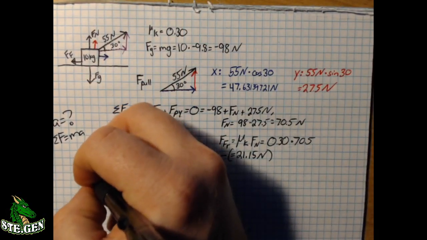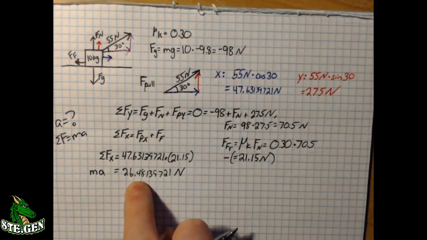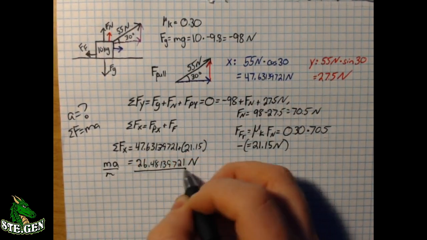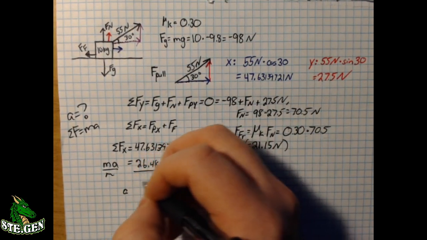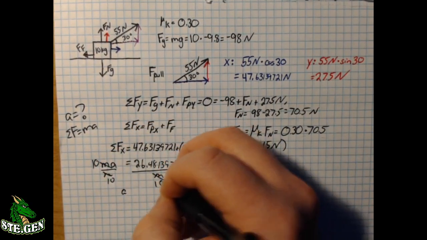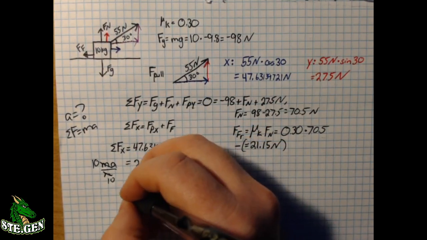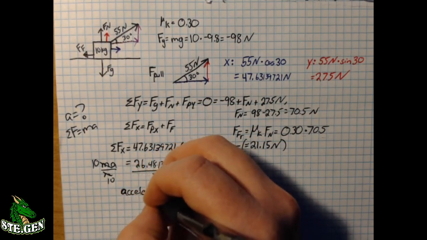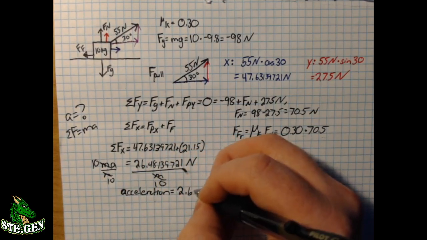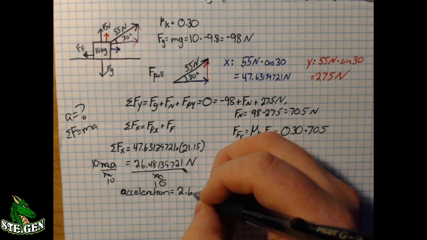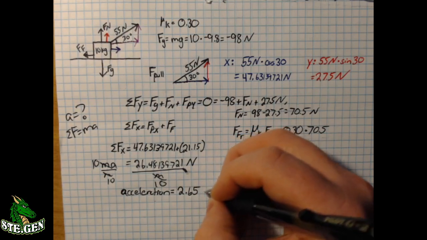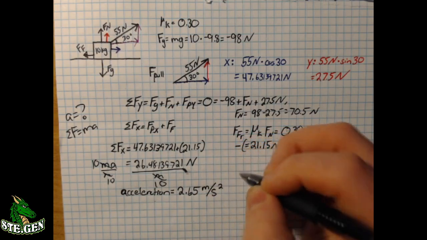So we're going to set this equal to ma, and we can divide by mass, which again is 10 in this case. So we actually just have to move our decimal place. So our acceleration is equal to, I believe we're at 3 sig figs, 2.65 meters per second squared.